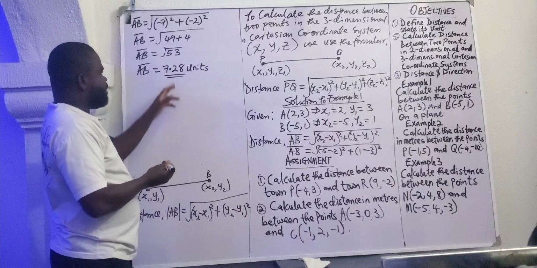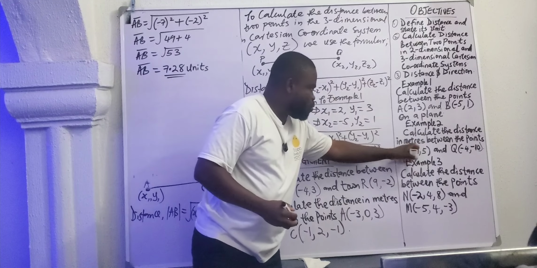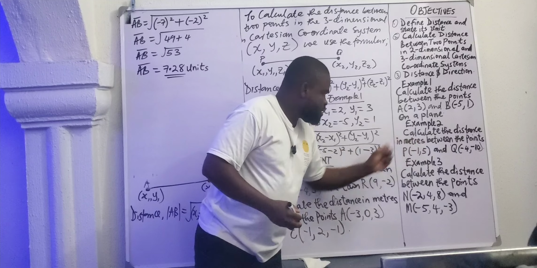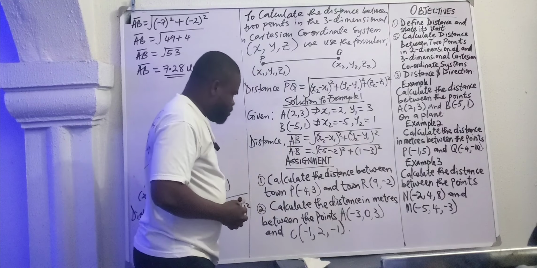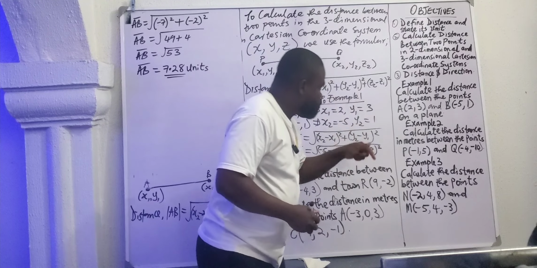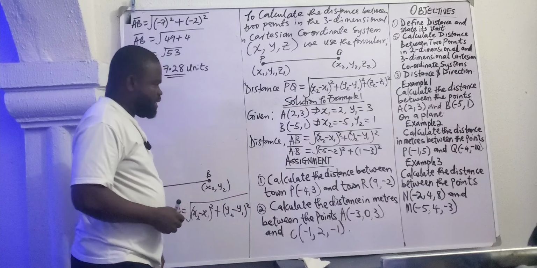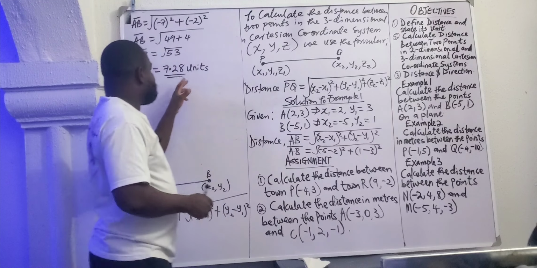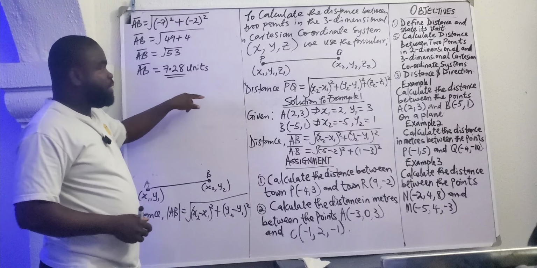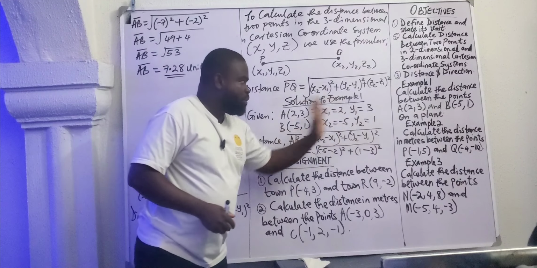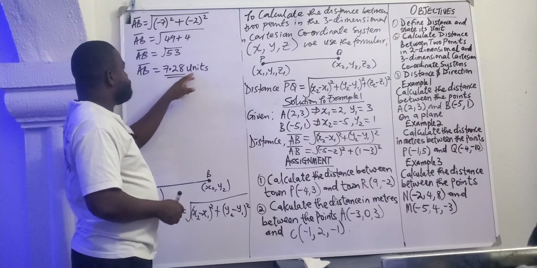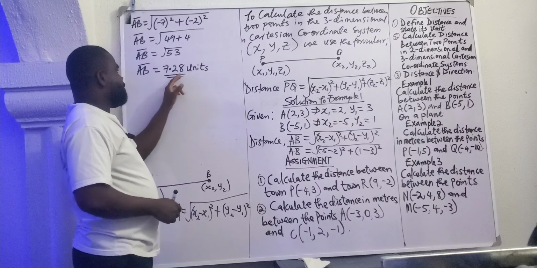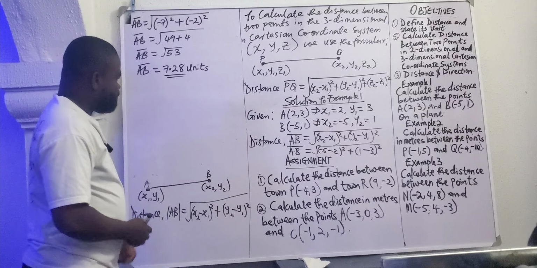Now, this is different from example 2, where we are told to put the distance in meter, then you must express your unit in terms of meter. So here in this example 1, nothing was said, so we put units after solving for the what? The distance. Good and fine.